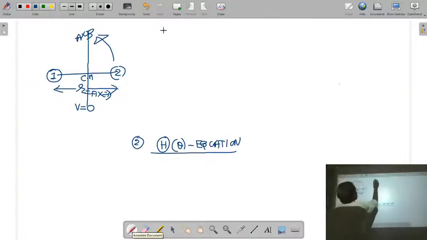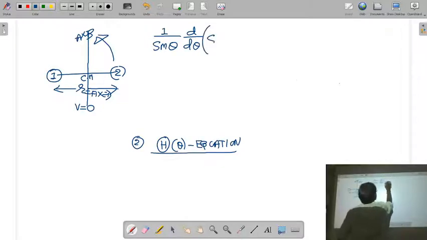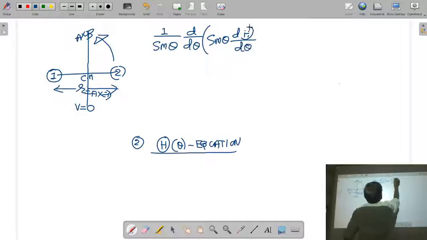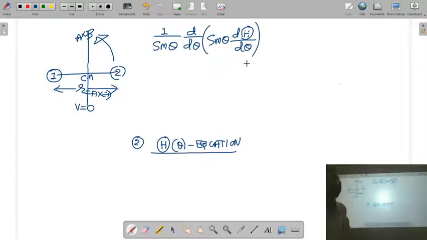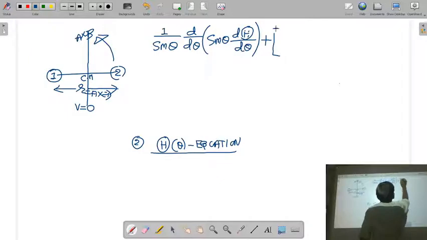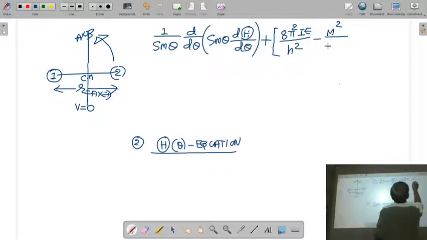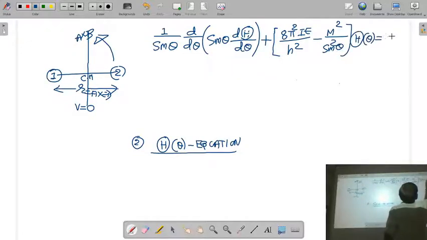It was like this: the theta part of the Schrodinger equation is 1 upon sin theta d by d theta of sin theta d capital theta by d theta plus 8 pi square I upon h square E minus n square upon sin square theta is equal to 0. This is the theta part of the Schrodinger equation of a rigid rotator.